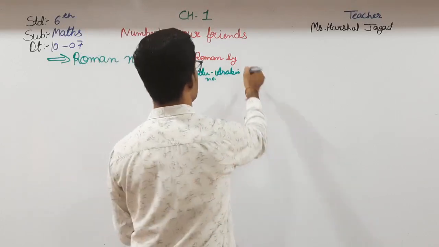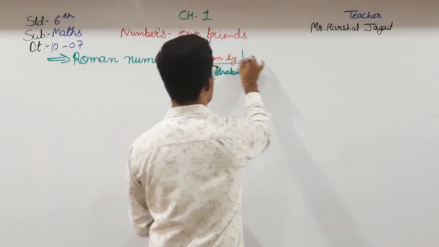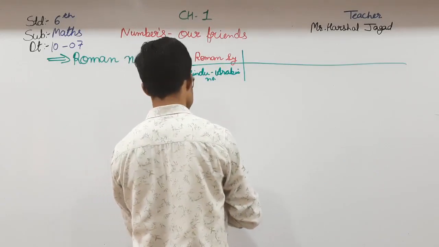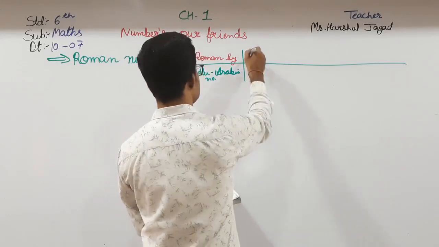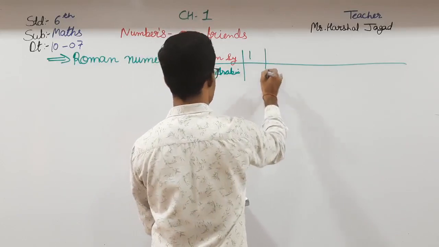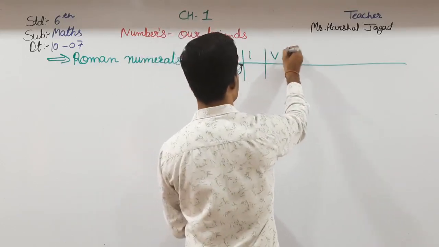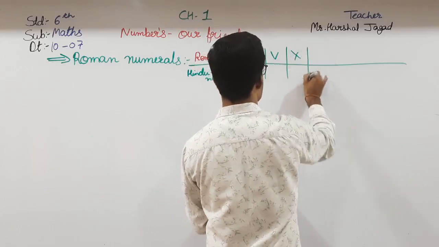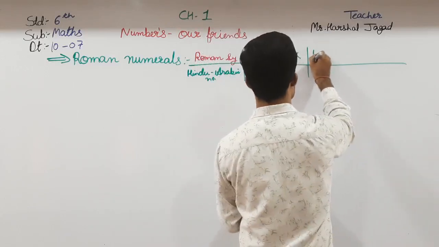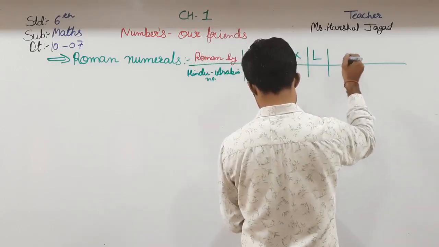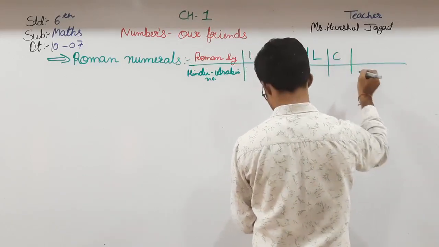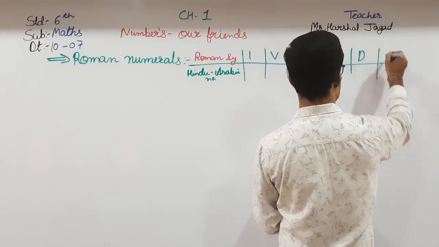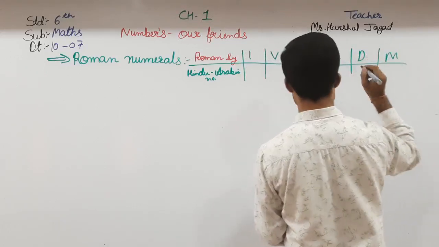So here I can say 1 means I, then V, that is 5, X, that is 10, L, that is 50, C, that is 100, D, that is 500, and M, that is 1000.